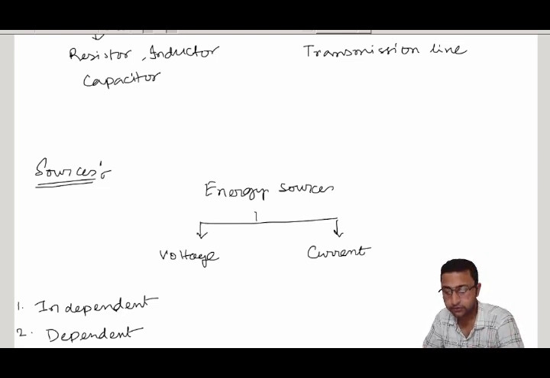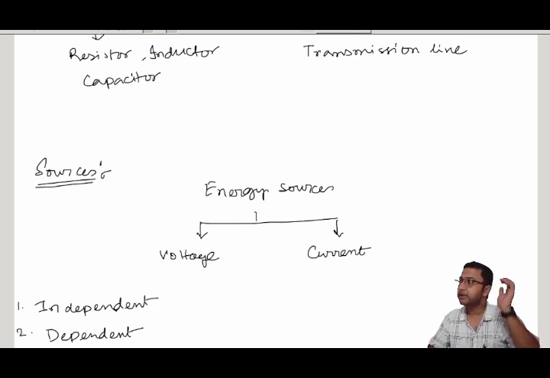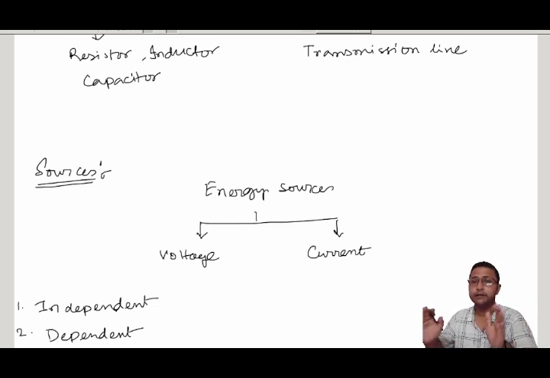An independent source means a voltage source or a current source whose output voltage or output current does not depend on the input voltage, input current, or any other part of the circuit element. In that case, the source is called the independent source. Its output voltage and current do not depend on any input part.